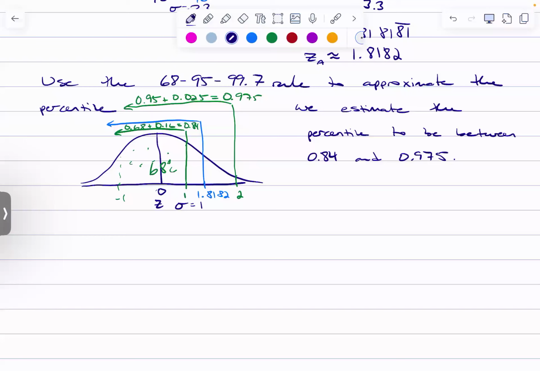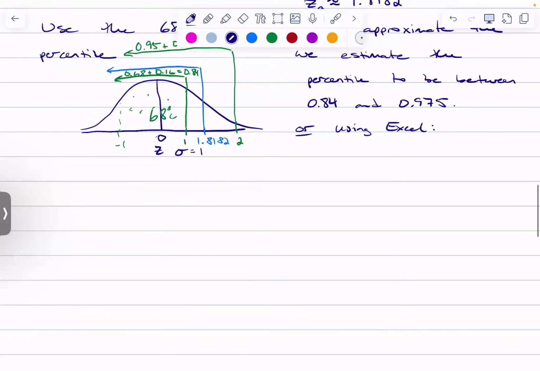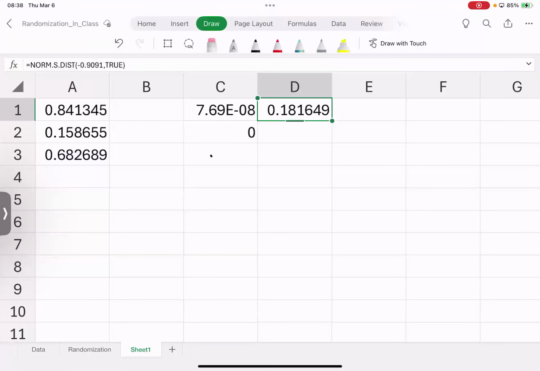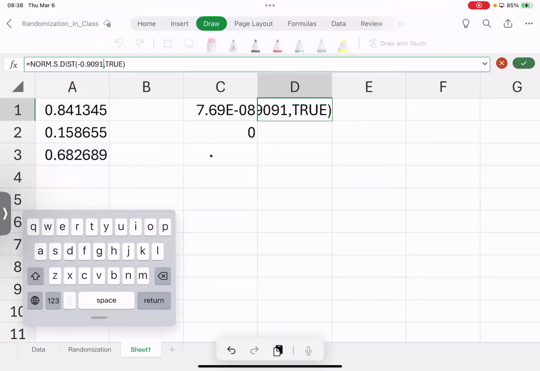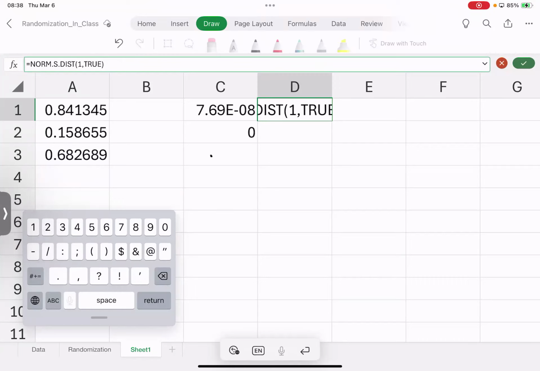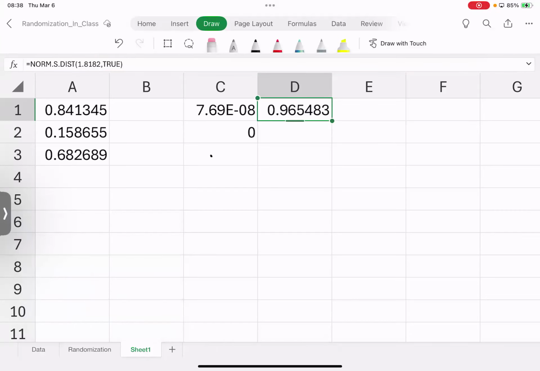I encourage you to try it on your calculator, but I'll use Excel because I don't have a fancy calculator on my screen. Or using Excel, we find, I wonder if I can just change this. I can. Sneaky. 1.8182. I think 0.965483.